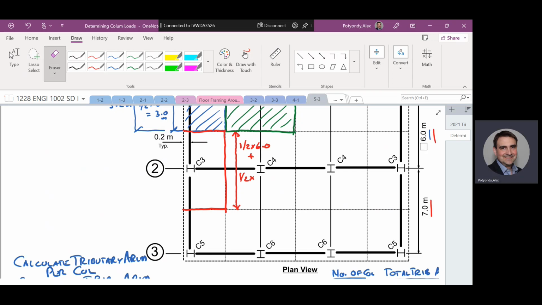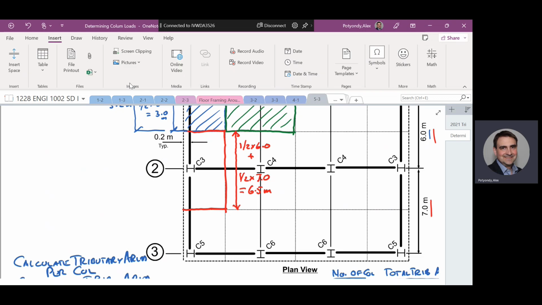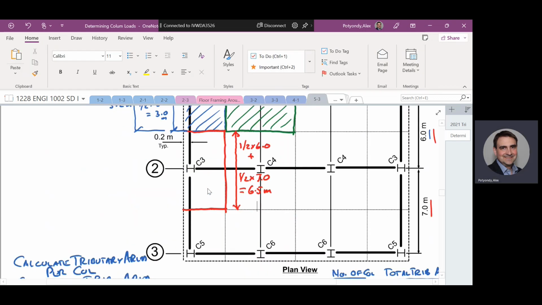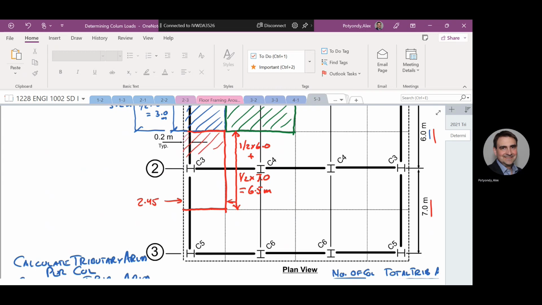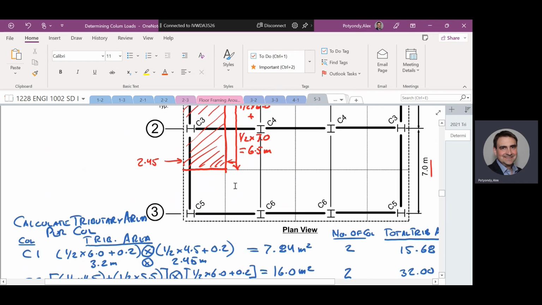So that's going to equal 6.5 meters. And then this dimension here, well, I already have the other dimension, 2.45. Okay. And I'll just put that in here to show it. And I'll state it. And that's the tributary area that C3 supports.